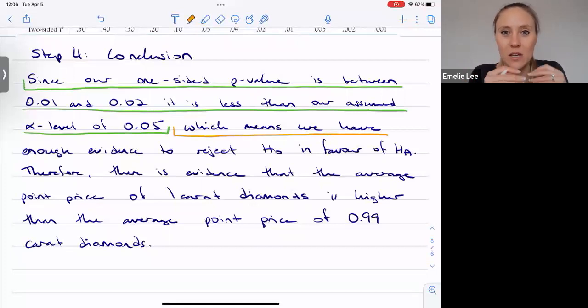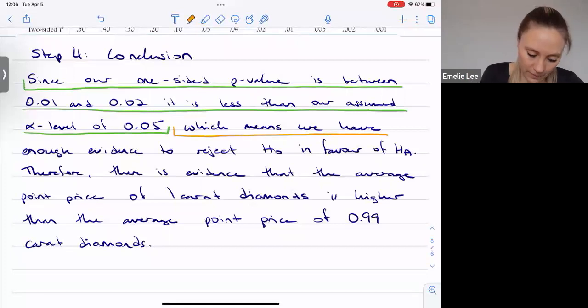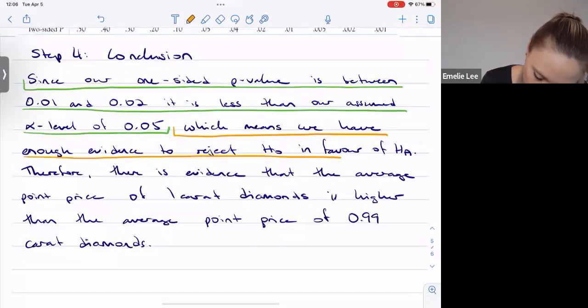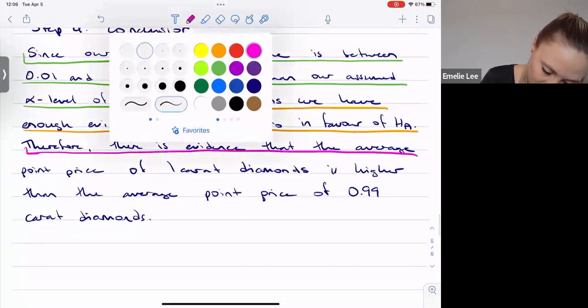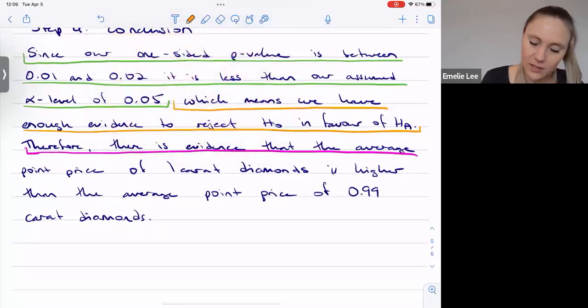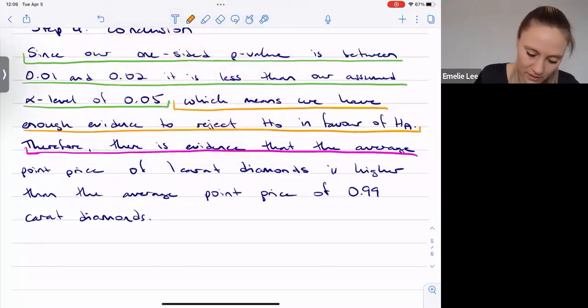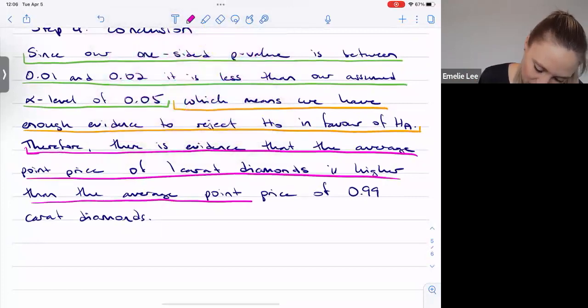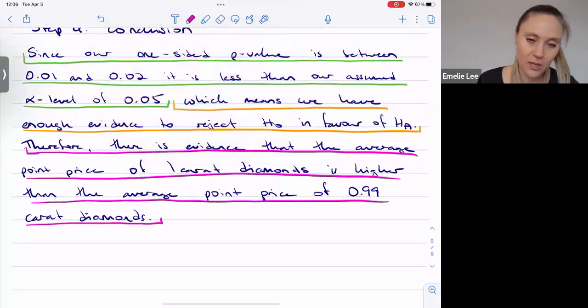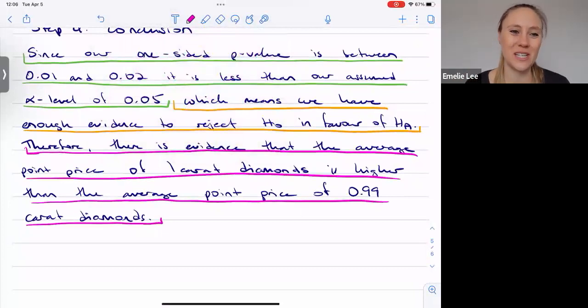That's because we did all our testing assuming the null hypothesis was true. And then finally, our moneymaker, and I like to put a little cup there so it closes off, is the conclusion in terms of the question. You just reword the question as an answer.